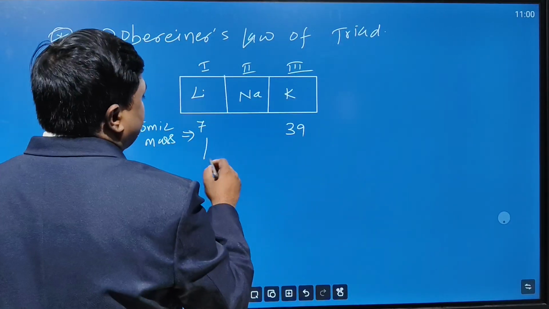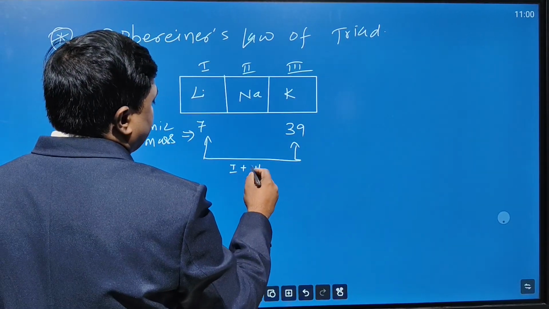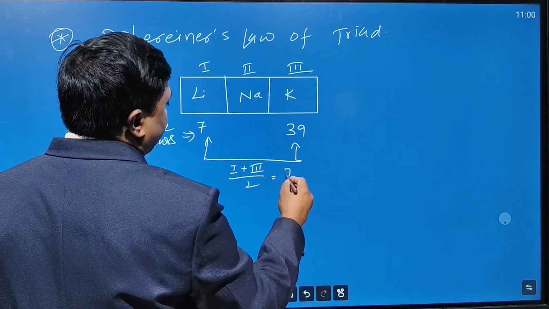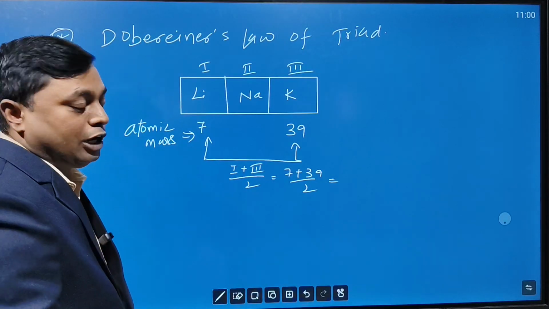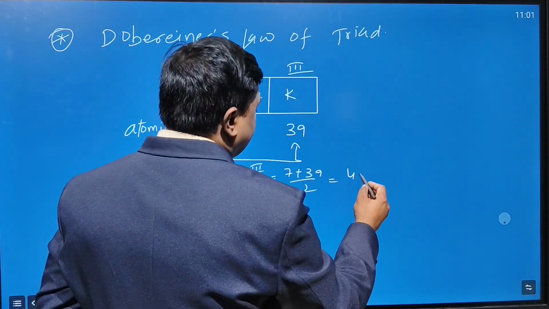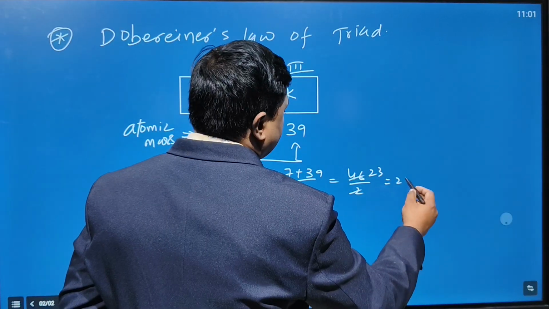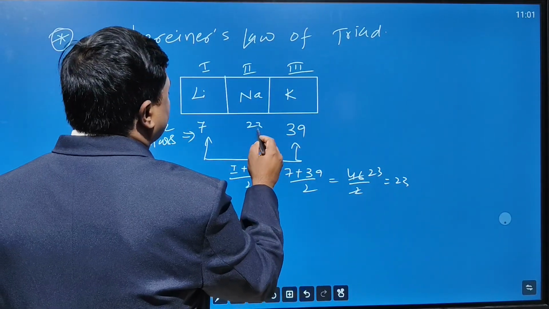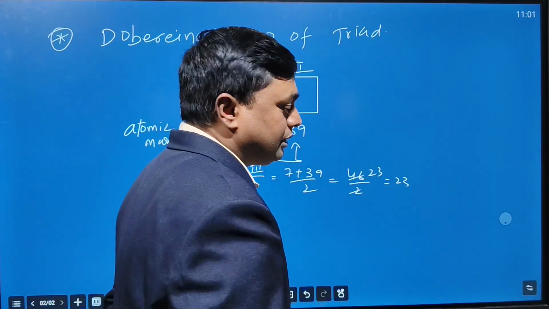If you calculate the average of the first and third element, that is (first plus third) by 2, that is (7 plus 39) by 2, you get 46 by 2, which is approximately equal to 23. So the atomic mass of the middle element was the average of the first and third element.